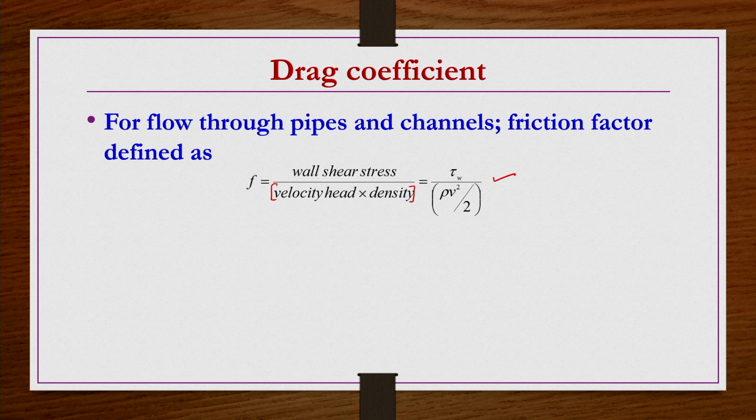How to define the drag coefficient? In a similar way, we can define the drag force per unit area, because now here in the drag coefficient case, it is not only the wall shear component, but the pressure component is also involved. So, when we add them together, then we have the drag force.